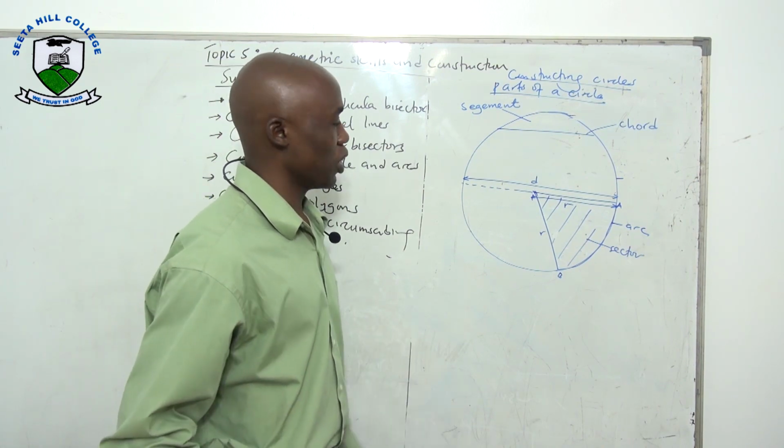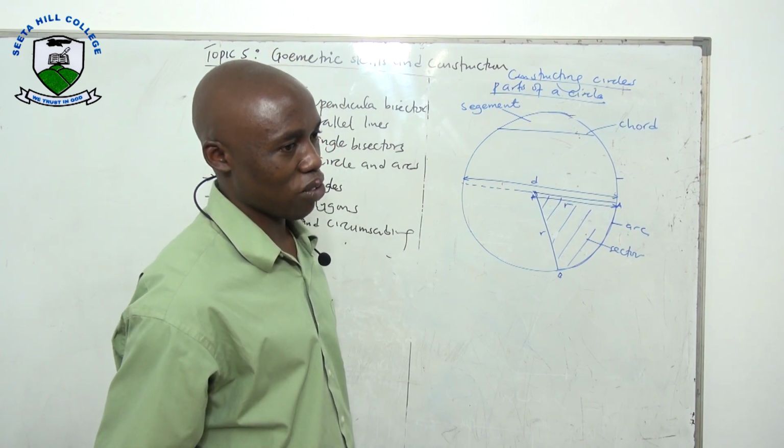Now that means I'm shifting very fast. How can we construct a circle of radius?